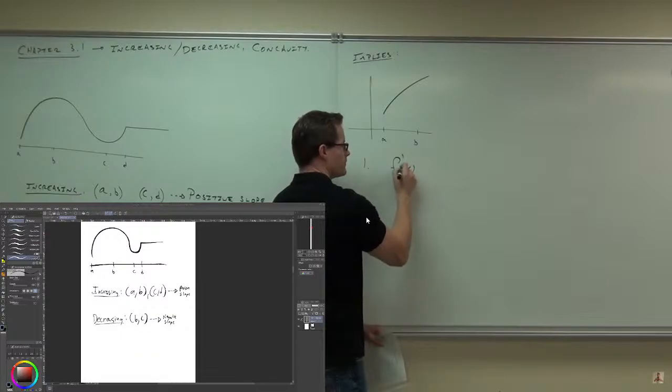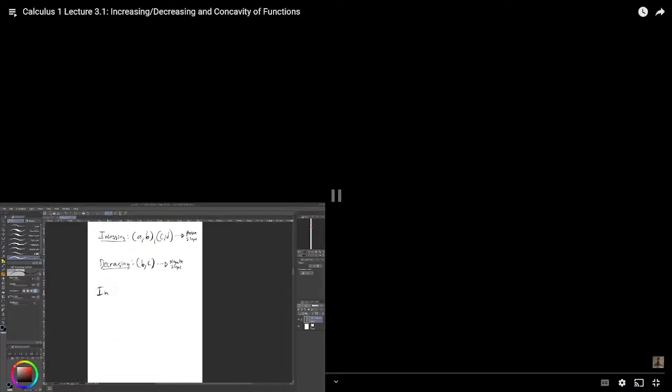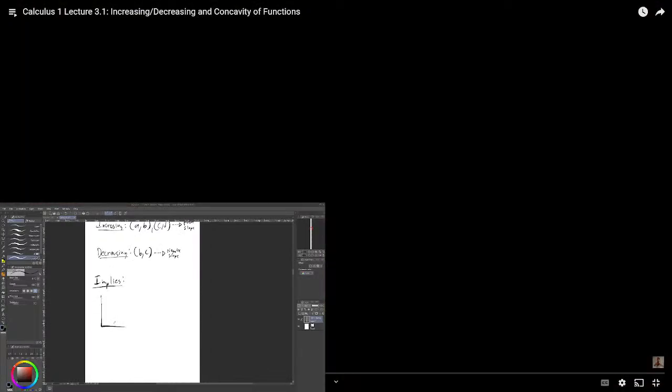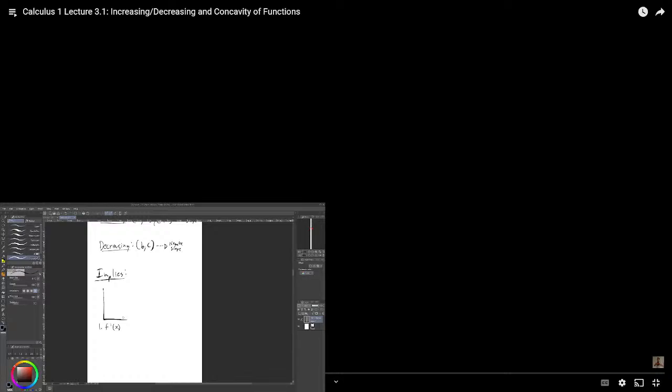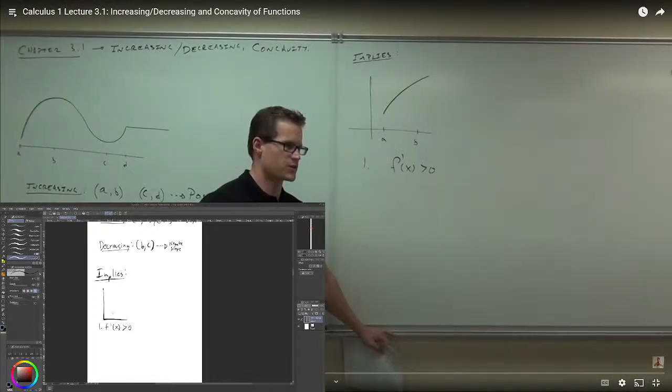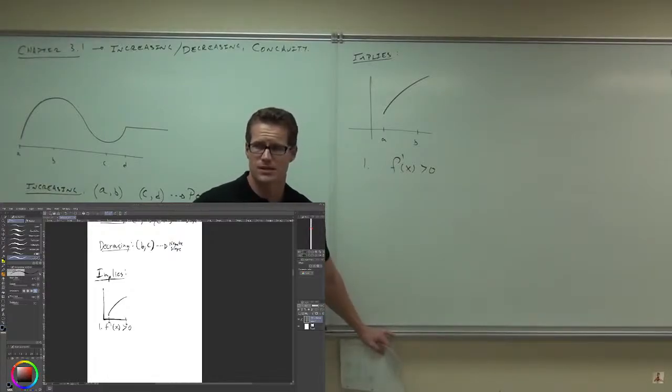If our derivative is greater than 0, that means our slope is positive. Is our function increasing or decreasing? Increasing.